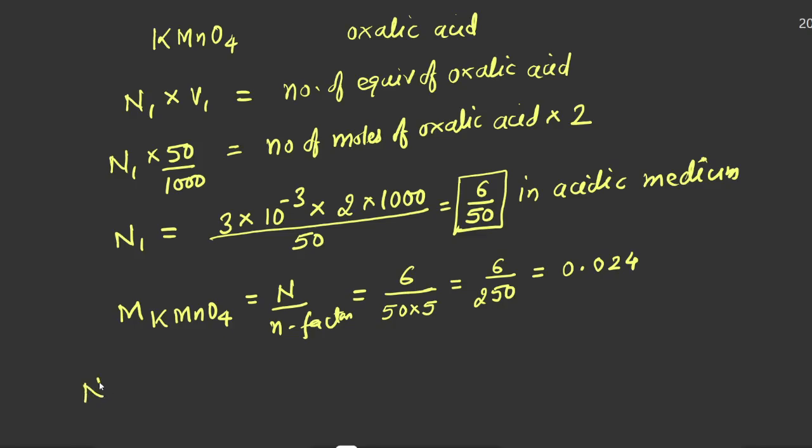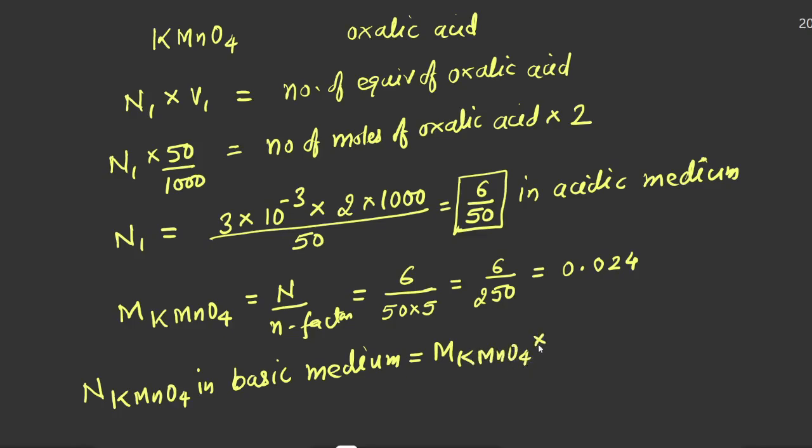So what is the normality of KMnO4 in basic medium? It is the molarity of KMnO4 into the n factor of KMnO4 in basic medium. What is the n factor of KMnO4 in basic medium?